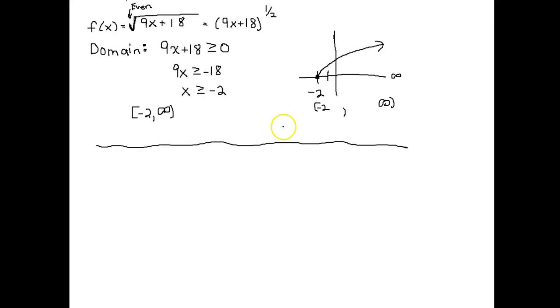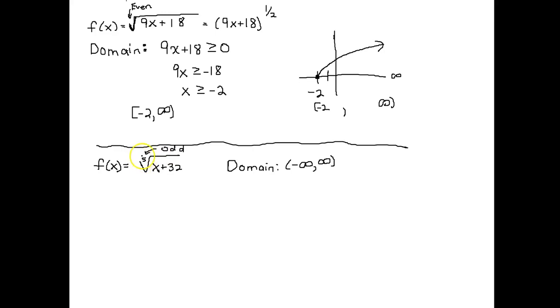Now if you have something like f of x equals fifth root of x plus 32, looking at that index, it's odd. Automatically your domain is going to be negative infinity to infinity.